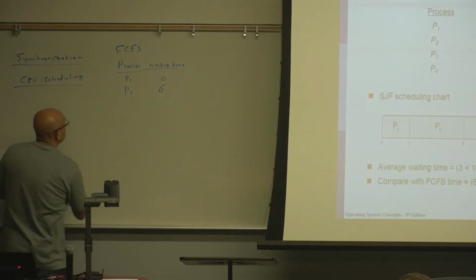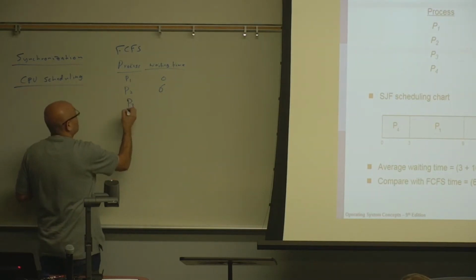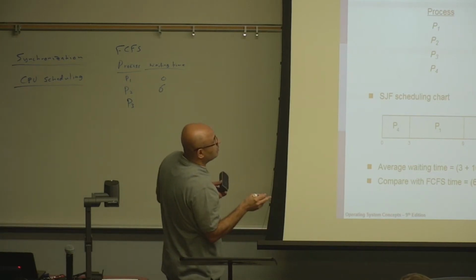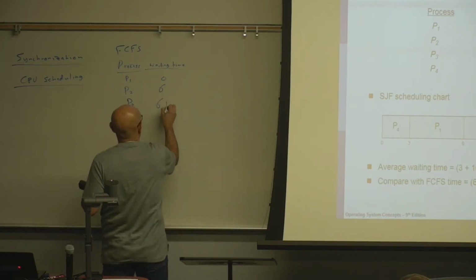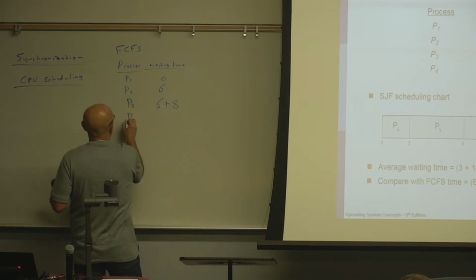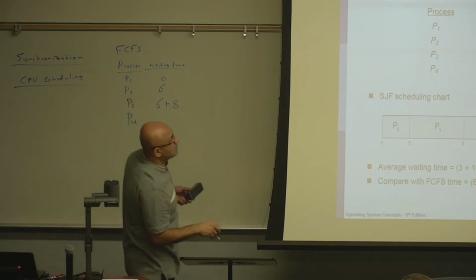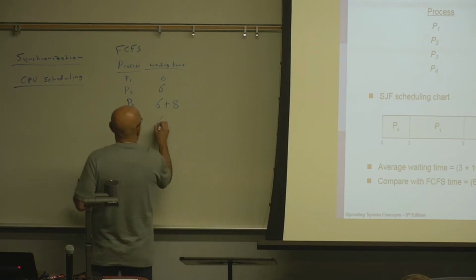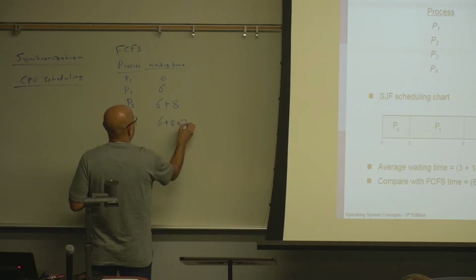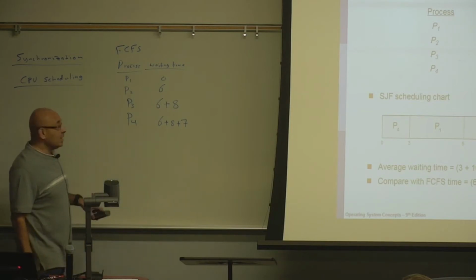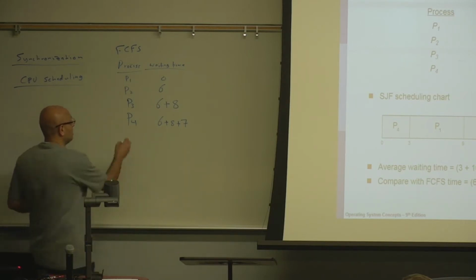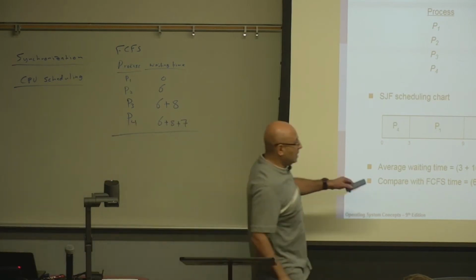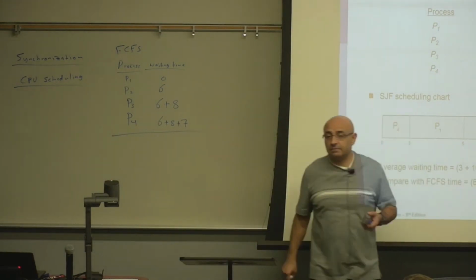Process 3 will wait for the burst of P1 and the burst of P2, which is 6 plus 8. And P4 will wait for all of them, so 6 plus 8 plus 7. You sum all of these waiting times, divide by 4, and you get 10.25.